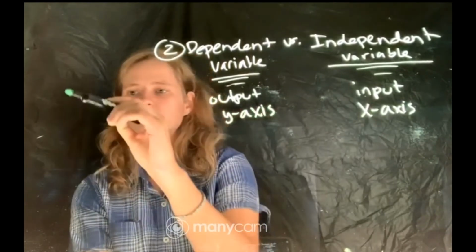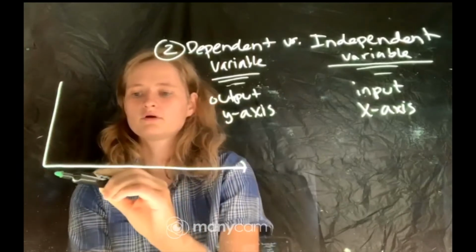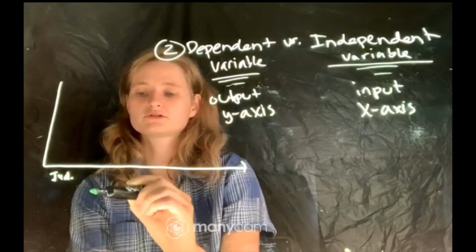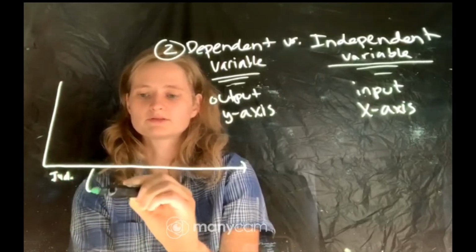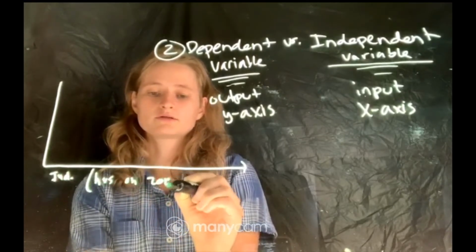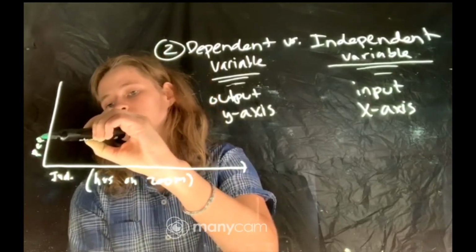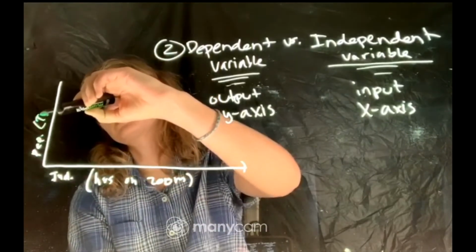So taking an example from before, we have our graph here, and maybe our independent variable is number of hours on Zoom, and our dependent variable is how tired you are.